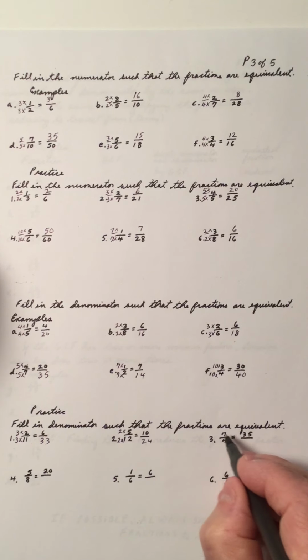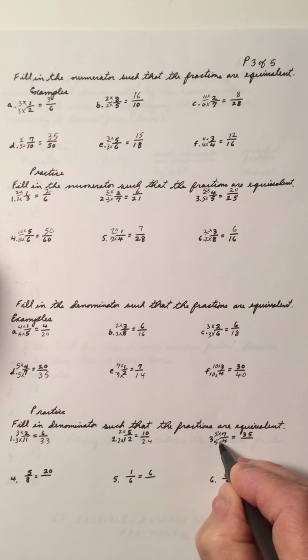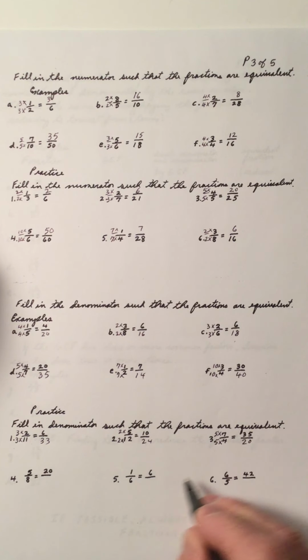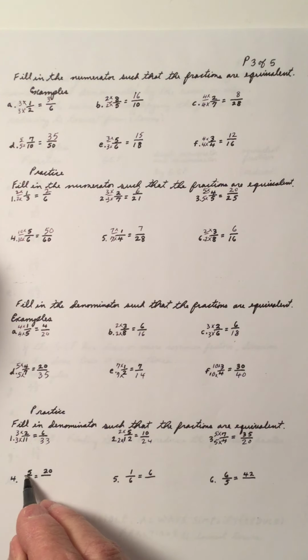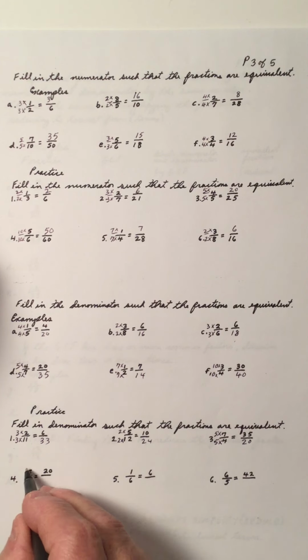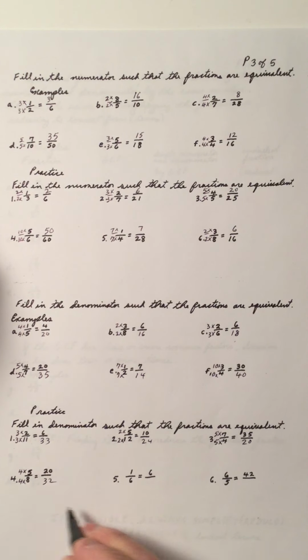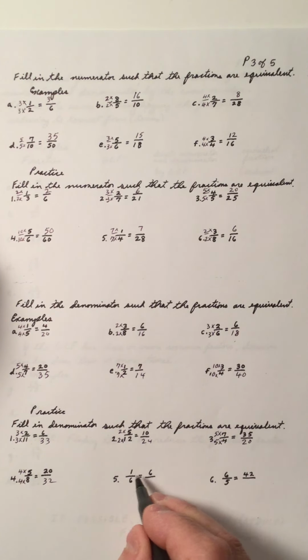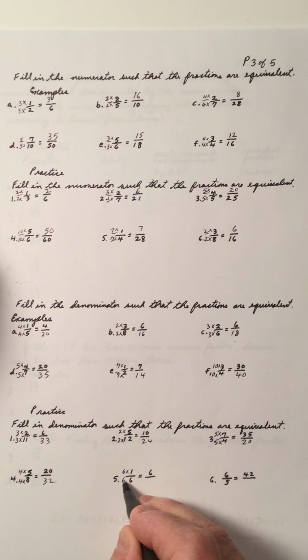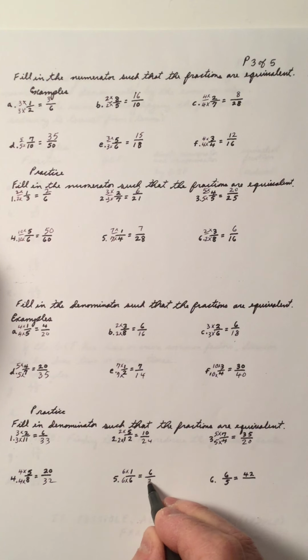To get 35, we multiply the 7 by 5, so we multiply the 4 by 5 to give you 20. 5 into 20 goes 4, so 4 times 5 is 20, so 4 times 8 gives you 32. 1 times 6 gives you 6, so 6 times 6 gives you 36.